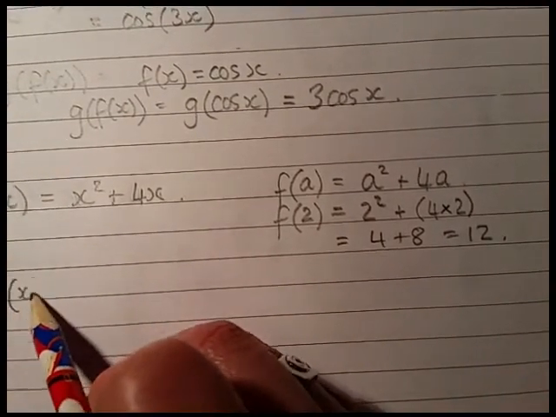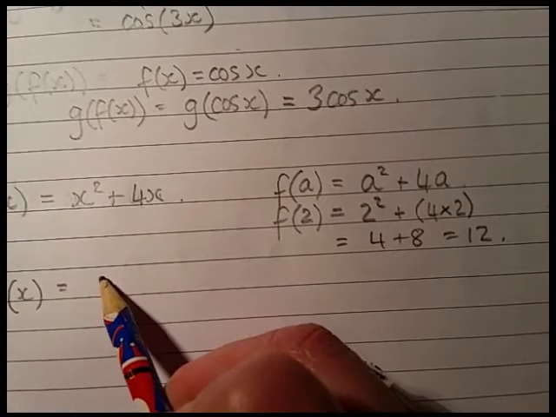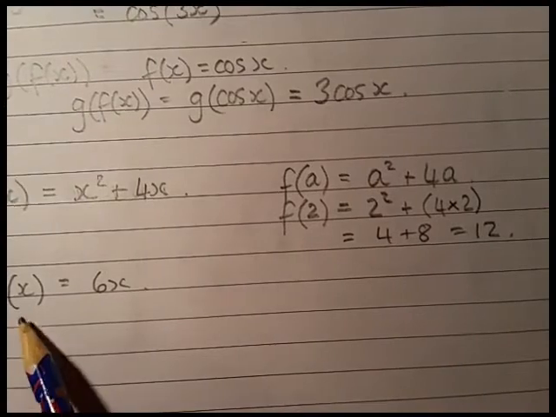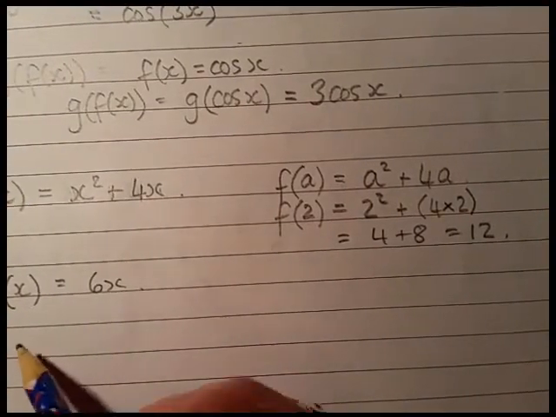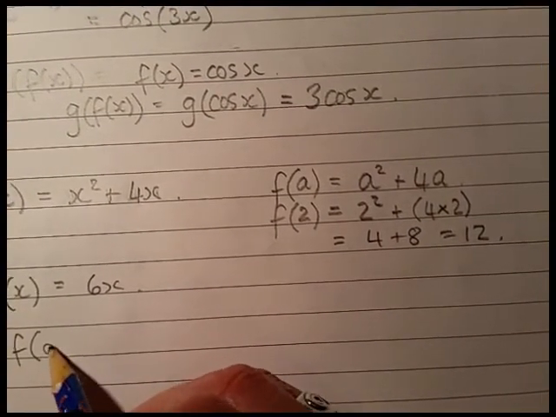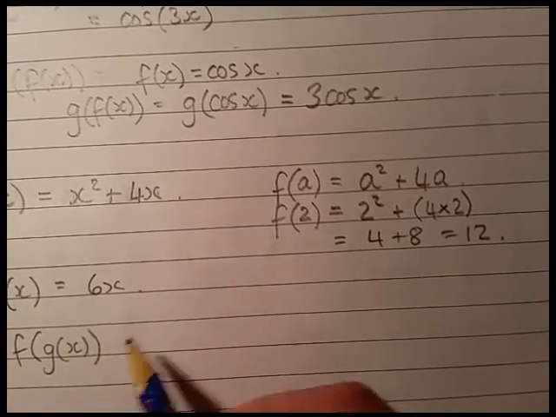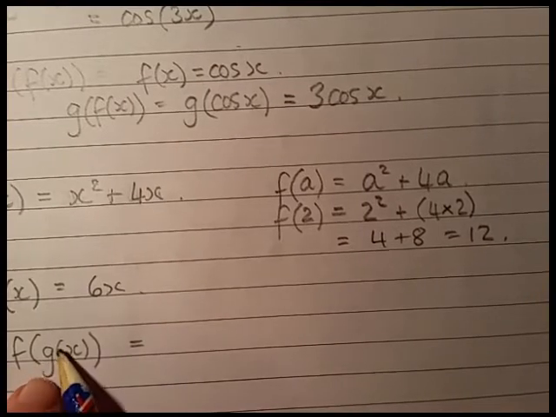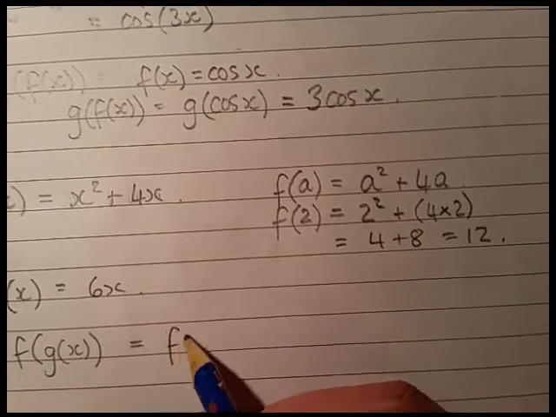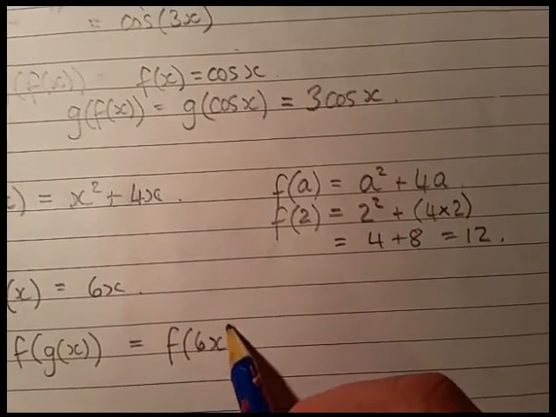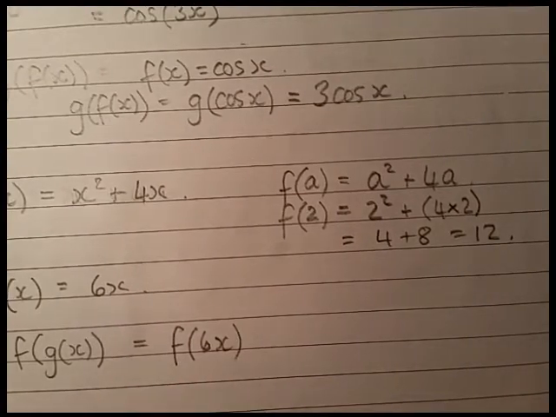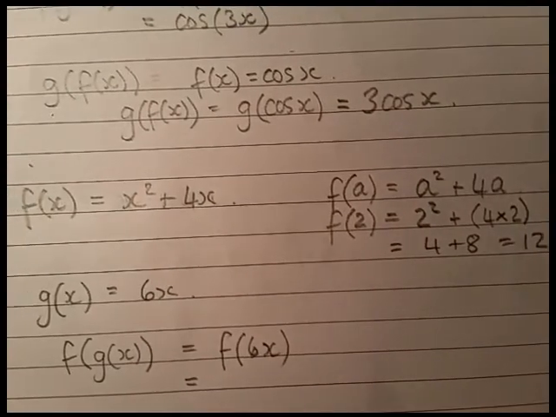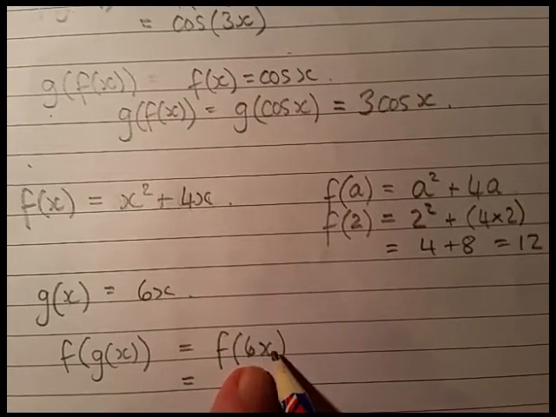Let's go for g of x equals 6x. Okay, so that's the definition. Whatever we put into g, we just multiply it by 6. Let's do f of g of x. We know that g of x, so we're putting x into the function g, well, that will give us 6x. So we need to take f of 6x. So let's look back at the definition of f of x. What do we need to do first?